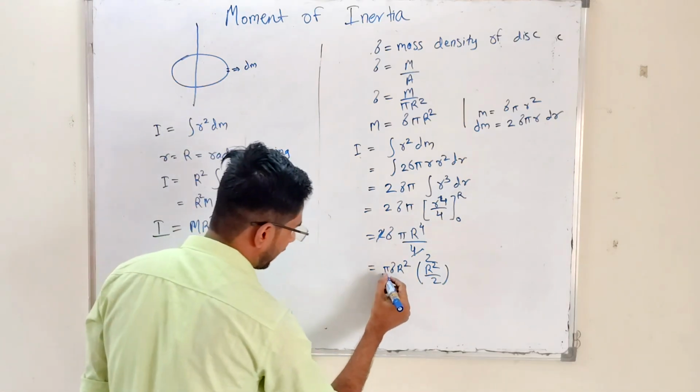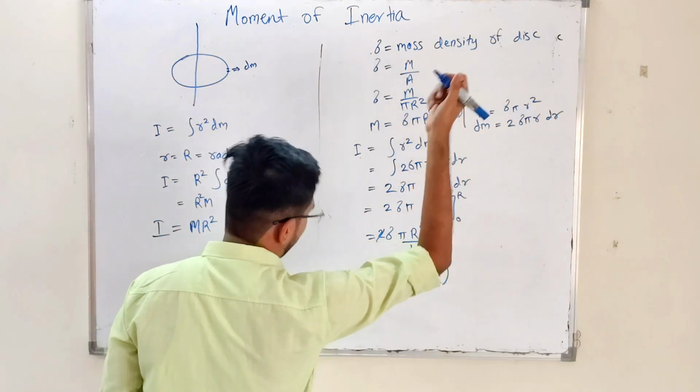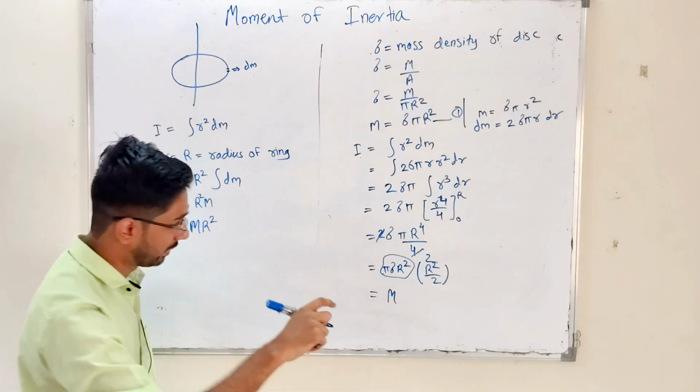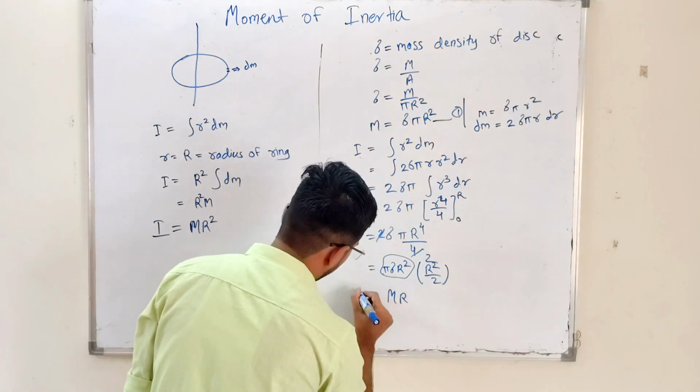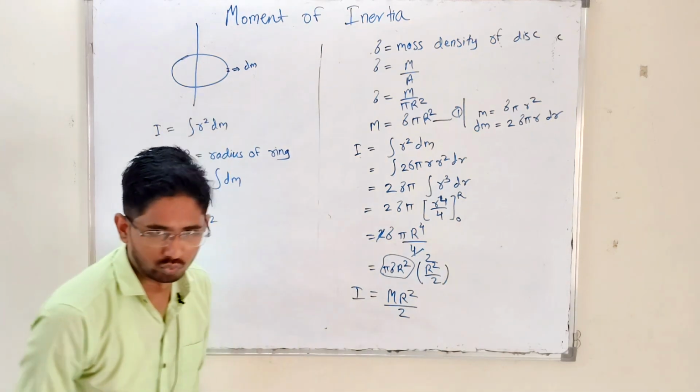And this term, from our, let's say, equation 1, we can put as capital M, which will be the mass of the entire disk, and we will have the moment of inertia for the disk, which will be m r square by 2.